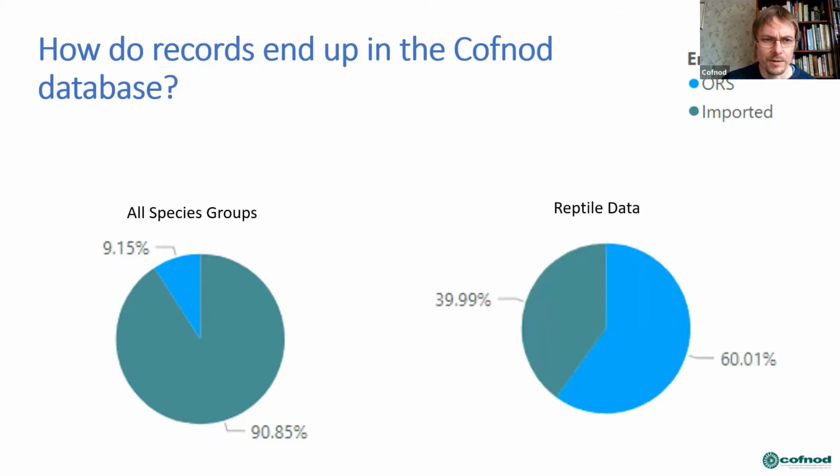Now, this sort of pattern reverses when you just look at reptile data, and a whopping 60% of it is actually from people directly typing it in to our systems. So that's ORS records, and only about 40% is coming in from imported spreadsheets and the like. It just shows you that the ORS is a very important system for registering your reptile records online.